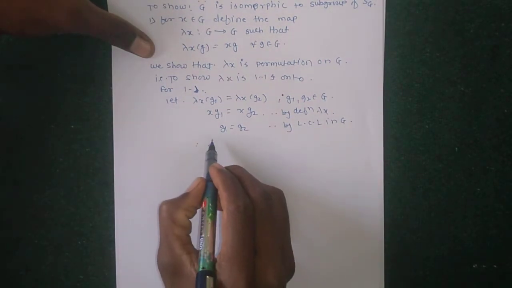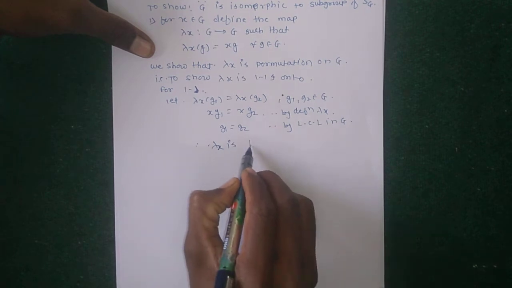Therefore g1 = g2, and by the definition of one-one, lambda_x is one-one.